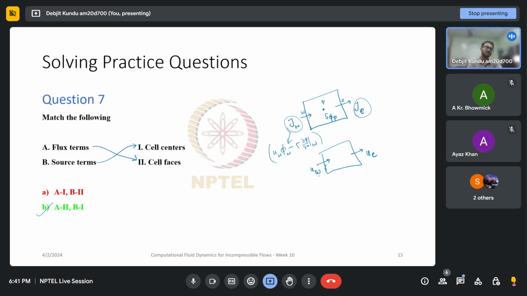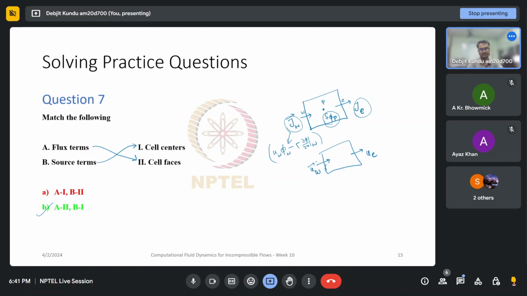So instead of storing just the velocity, we are storing the flux. And remember, these are all vector quantities. U was a vector and J is also a vector. So the vector quantities we store in cell faces, and scalar quantities such as the source term we store in cell centers.